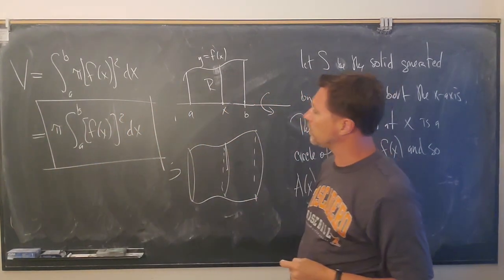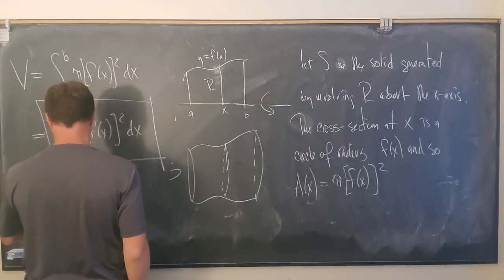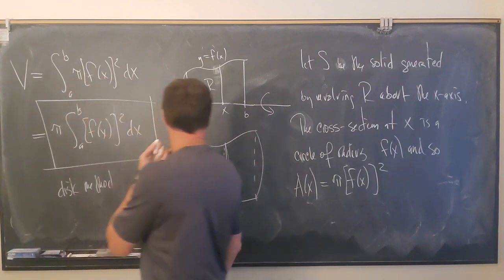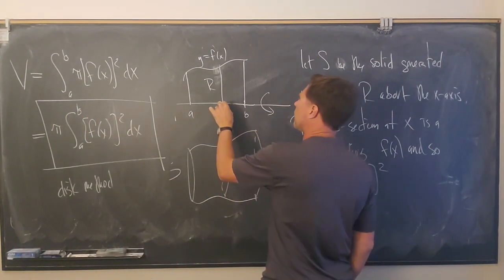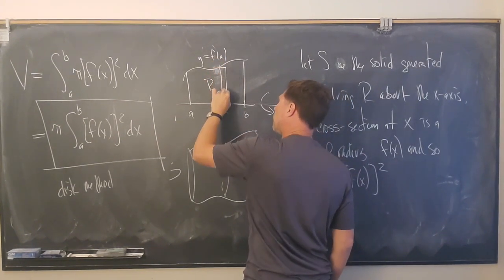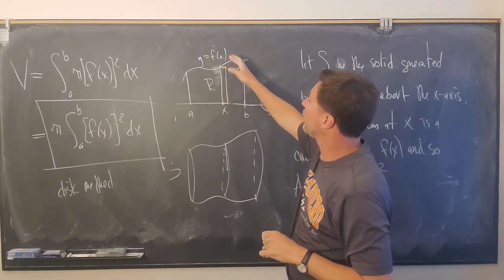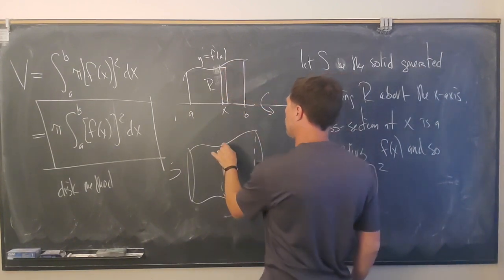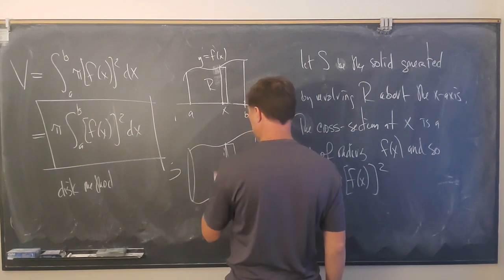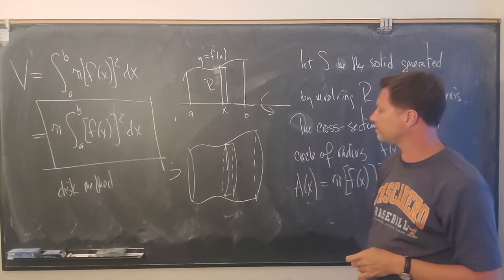This method of computing volumes is usually called the disk method. The reason being, if you remember back when we were setting up the Riemann sum, if you approximate using a rectangle and revolve just that rectangle around, what you get for an approximating shape is a disk. So it's referred to as the disk method.